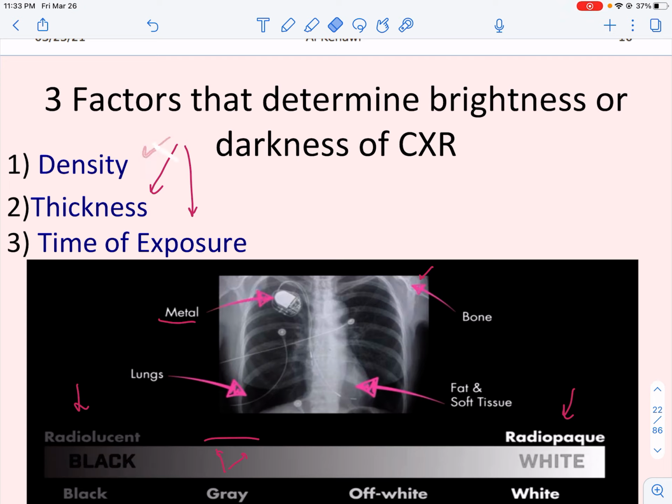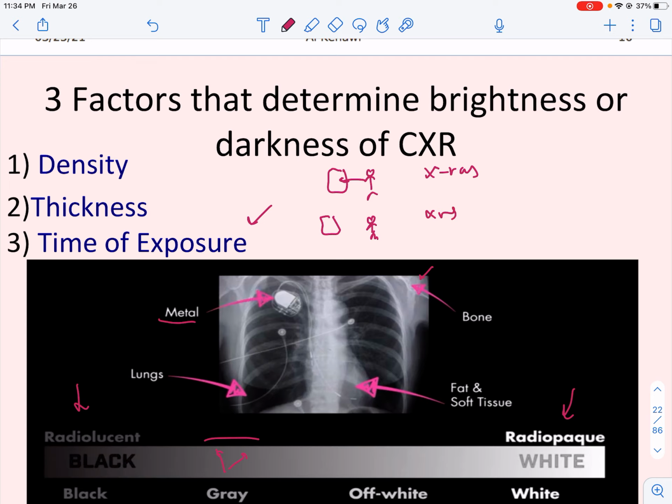Here, the time of exposure is also important. For example, let's say a patient is facing the detector, and here is the X-ray beam, and here another patient with an X-ray beam.